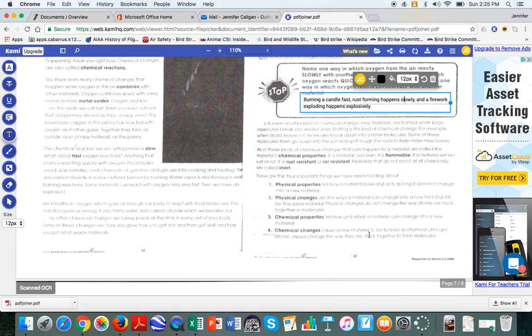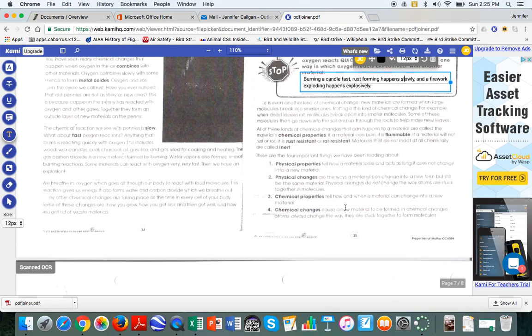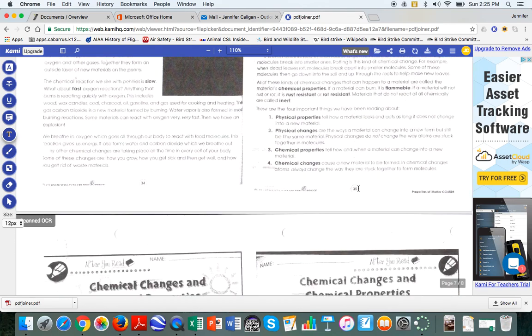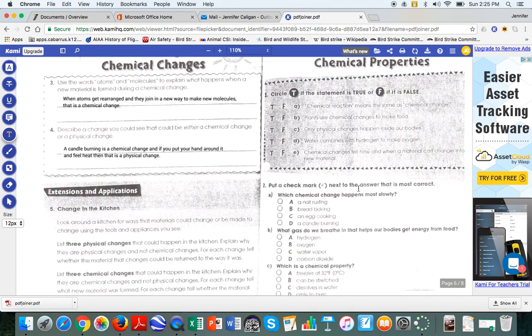Physical properties is just how a material looks and acts, but it doesn't form a new material. The change is when something just changes color or changes into a new form, but the atoms don't change. Chemical properties tell how and when a material can change, and chemical changes is when you have a new material that forms.